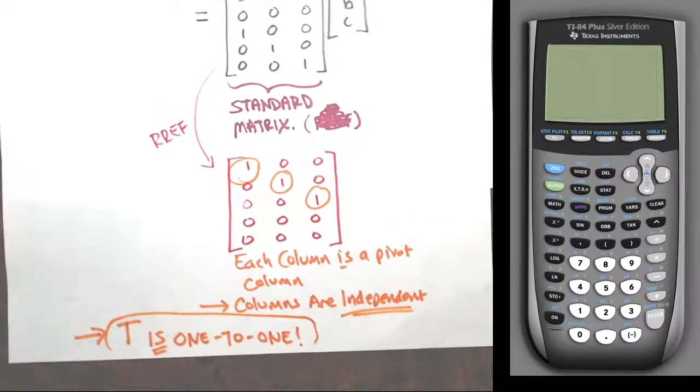I did show that this was 1 to 1 the other way. It's just, if you know it's a linear transformation, if you have shown that the additivity and homogeneity properties hold, you can write the standard matrix for that transformation, and then determine if the column vectors in that matrix are independent or dependent. If they're independent, the transformation is 1 to 1. If they are dependent, the transformation is not 1 to 1.